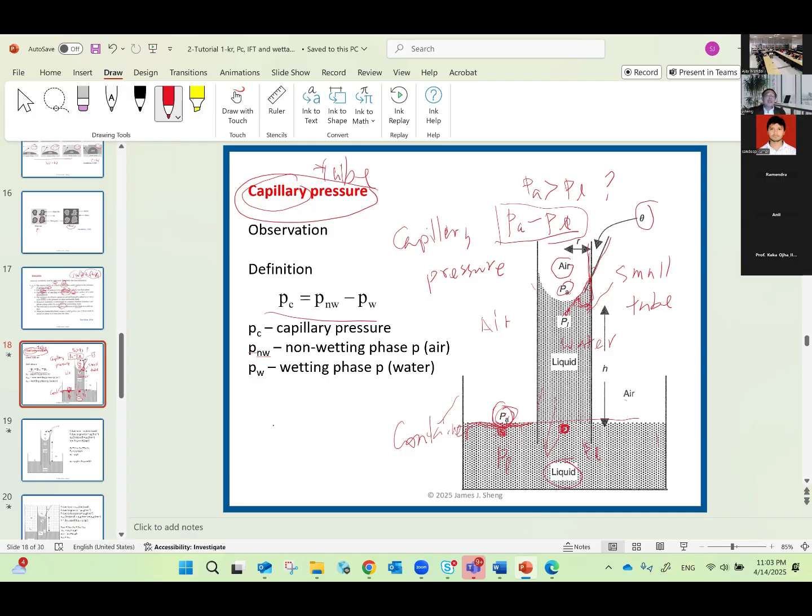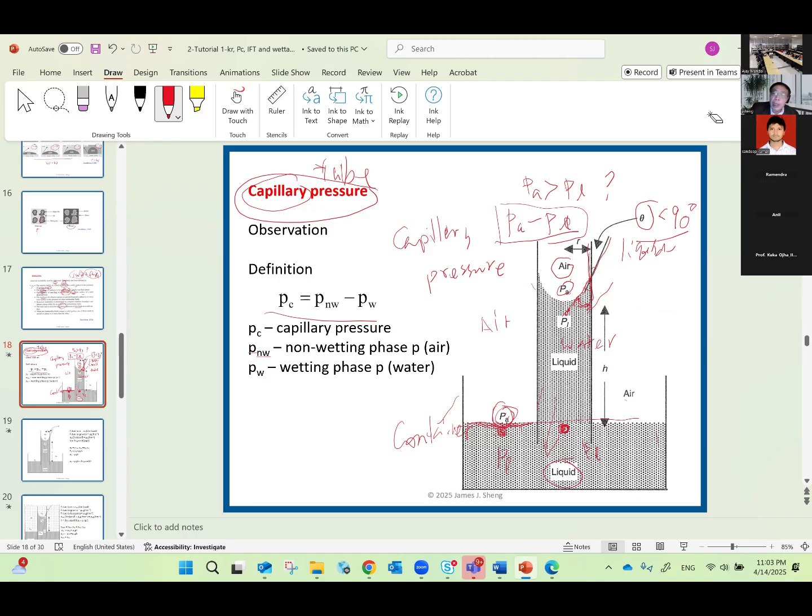This angle is theta. You can see that this theta is less than 90 degrees, right? So therefore, the liquid is the wetting phase.